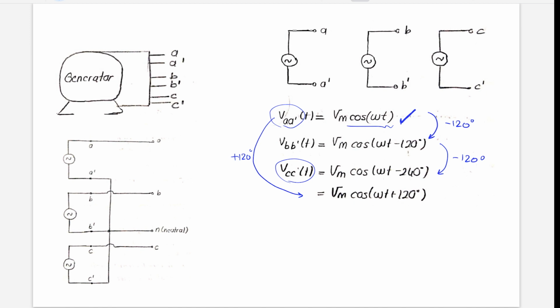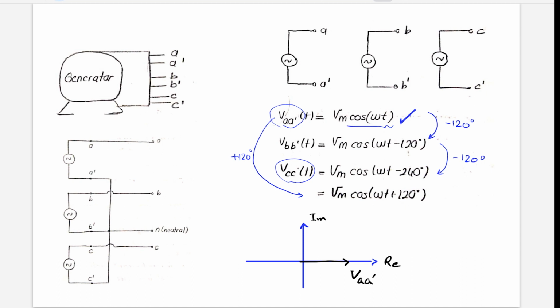Now, I want to take your attention to the fact that we can also show this in the phasor diagram. Now, we have a phasor diagram like this, and one of them, let's consider as a reference, which is VAA prime. This is the real axis, and this is the imaginary.